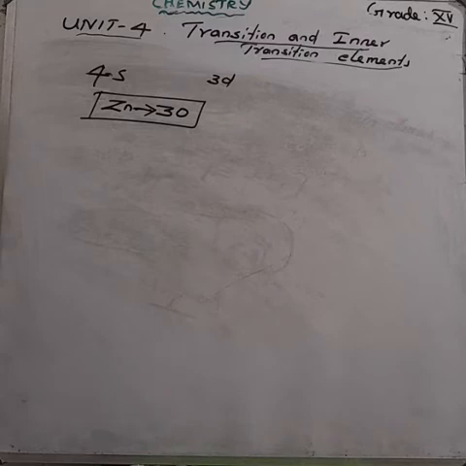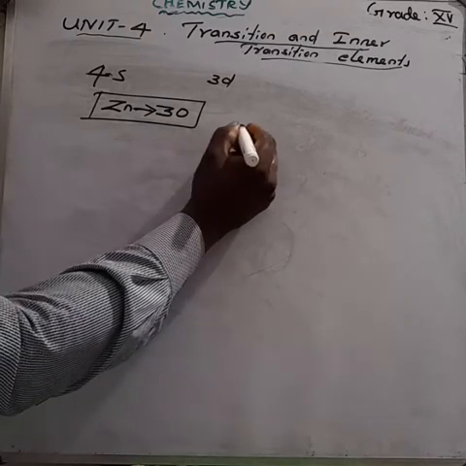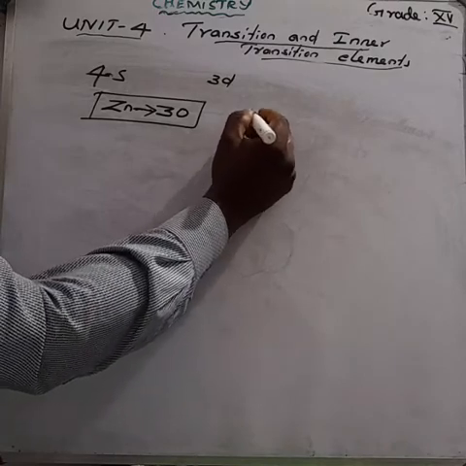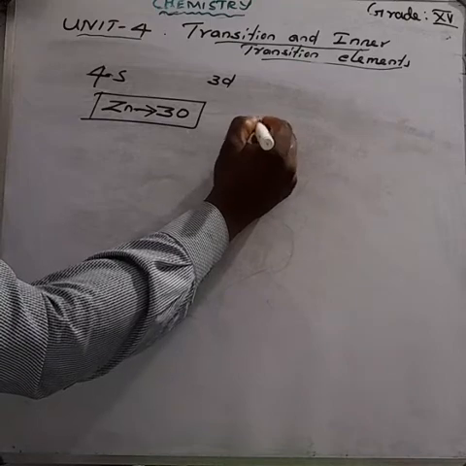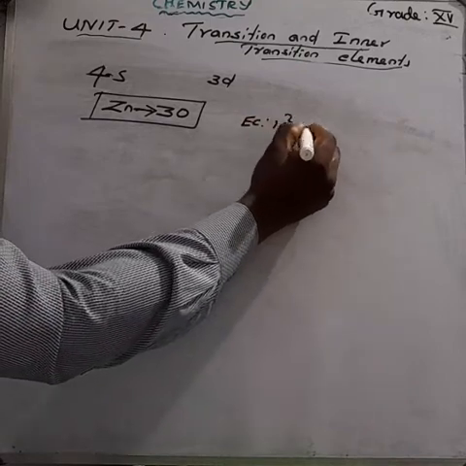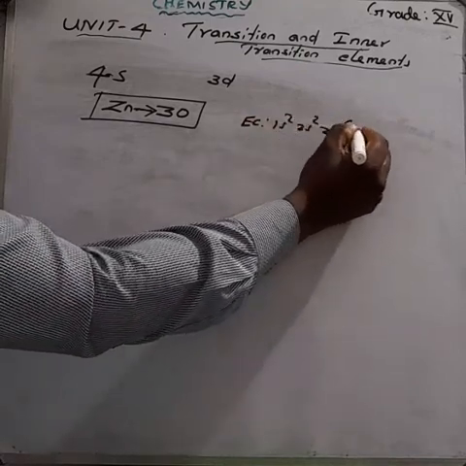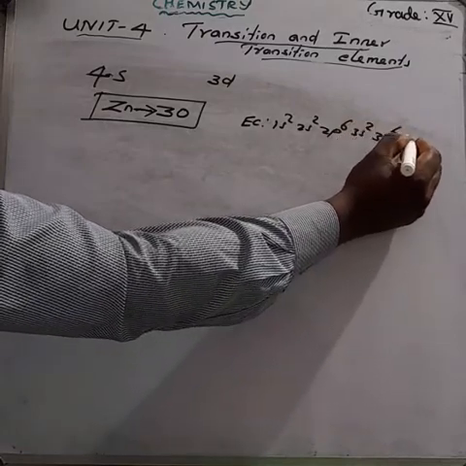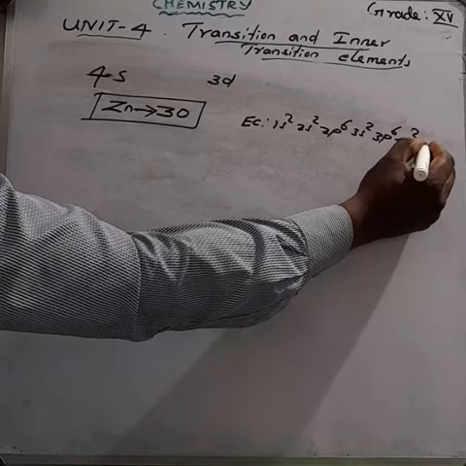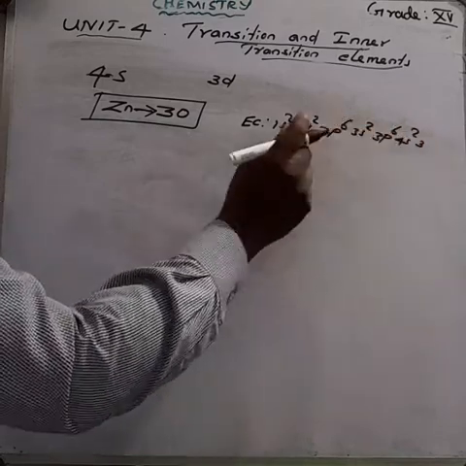Its electronic configuration, EC, is equal to 1s2, 2s2, 2p6, 3s2, 3p6, 4s2, 3d1.